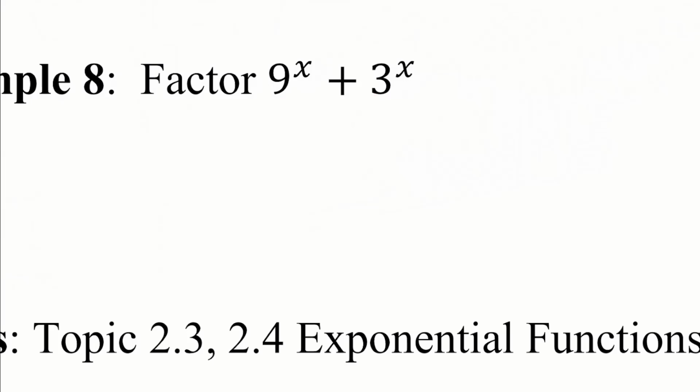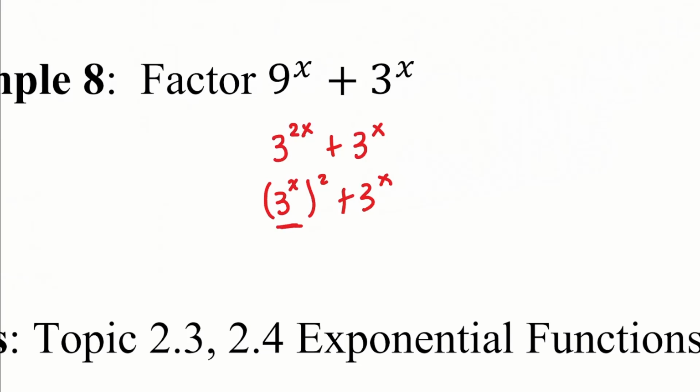I can rewrite 9 to the power of x as 3 to the power of 2x plus 3 to the power of x. And then I can take that one step further and apply the power property one more time and say that's 3 to the power of x, to the power of 2, plus 3 to the power of x.